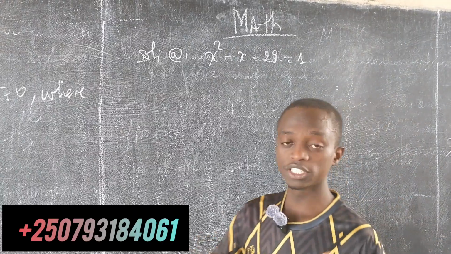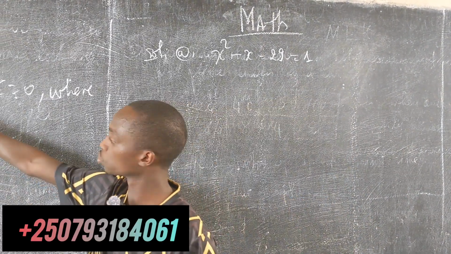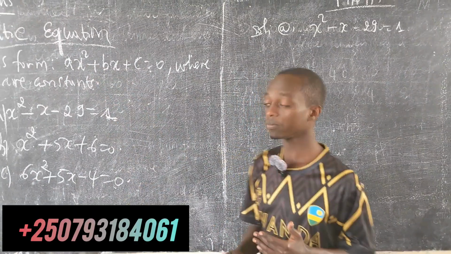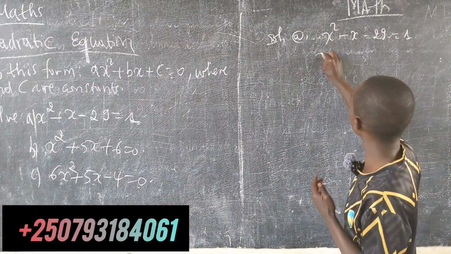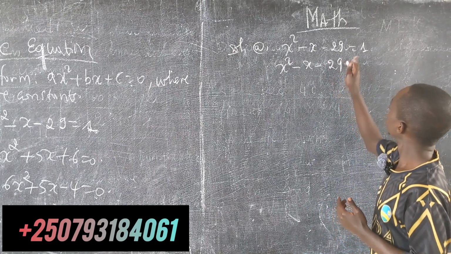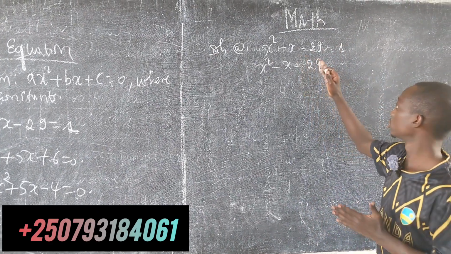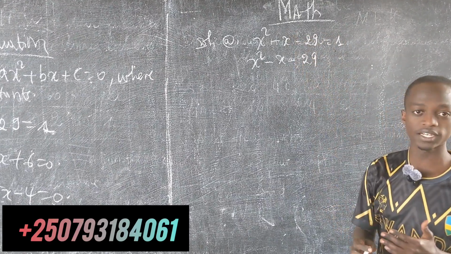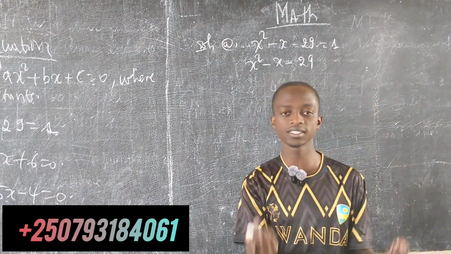Firstly, what you need to remember is we need to rewrite this equation in this form. It means that we need to write x squared minus x minus 29, and this must be equal to 0. So we bring this 1 to this side so that it changes its sign.